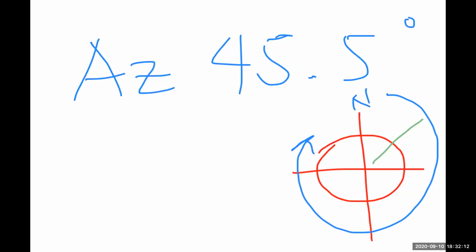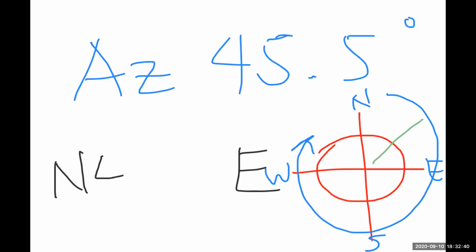So the bearing here, if that's east, that's south, that's west. It has to start with an N because it's above the west-east line. So it starts with N and ends with an E. And we have 45 degrees because we had 45 full degrees, and this half a degree is equal to 30 minutes.